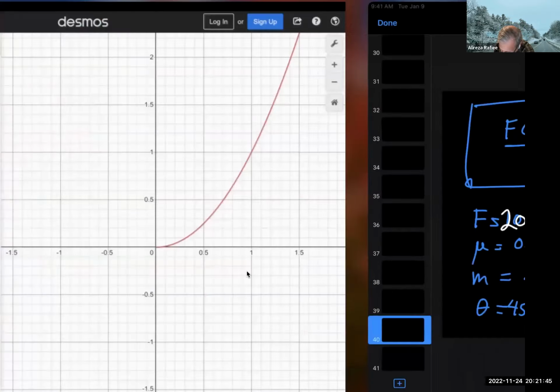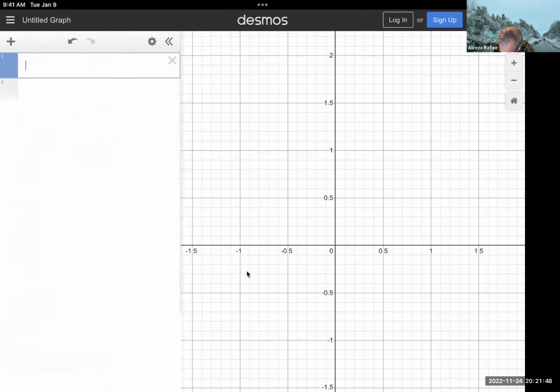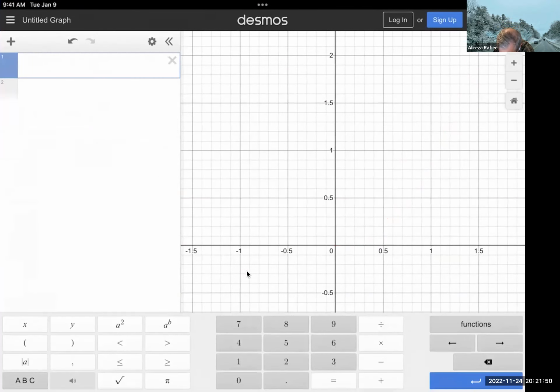So let me just go back here to this equation and say, if F was 20, then you would have 20 times root 2 divided by 2. And that's one part. Then you have plus 0.3 times the same, 20 times root 2 divided by 2.